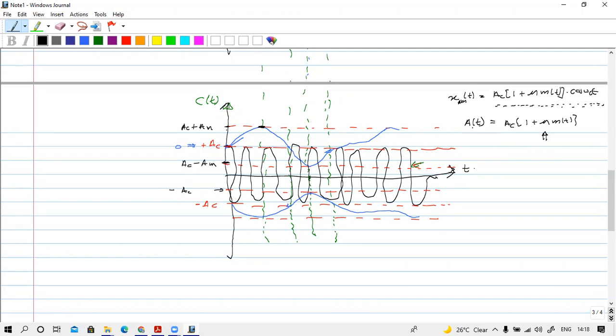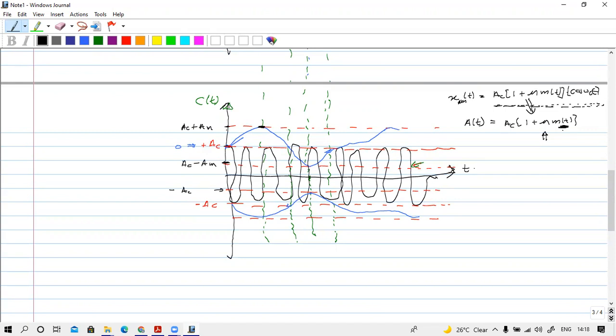If we remove the cos part, we get this part, which is the amplitude. It is changing according to m(t).